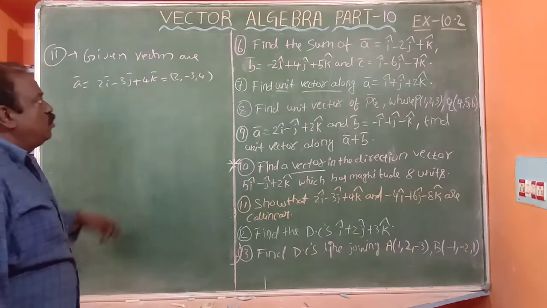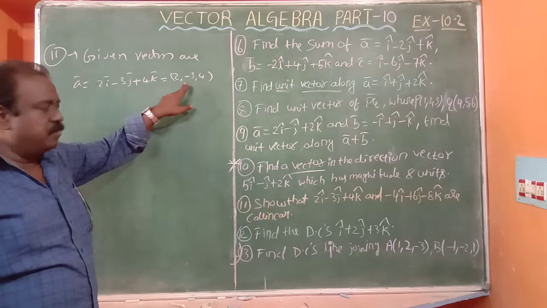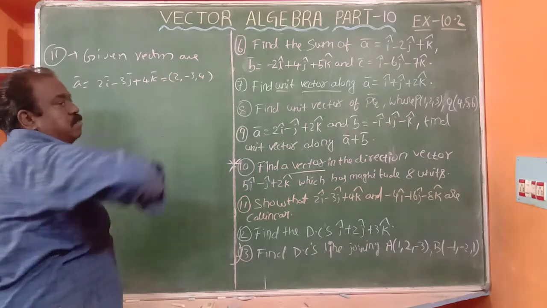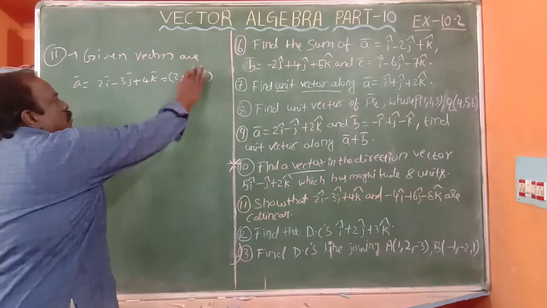You practice this one also. Convert the given vector into point geometry. This practice helps in solving the problems in the objective section. Or otherwise, leave it out for now.